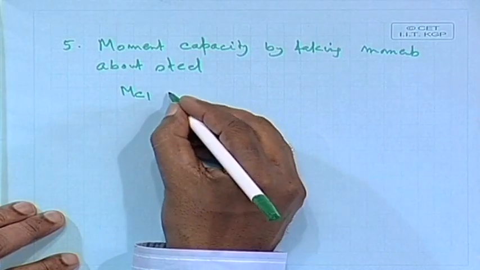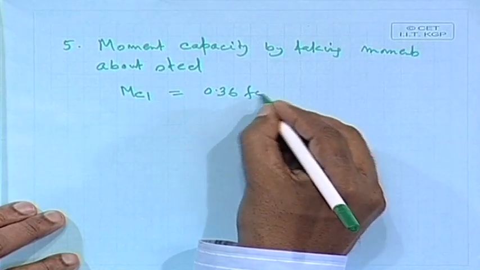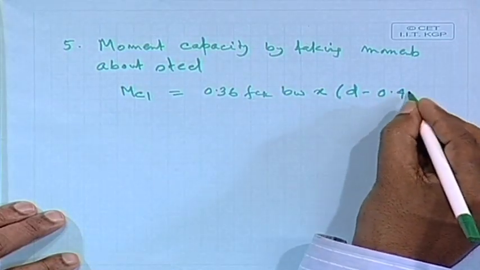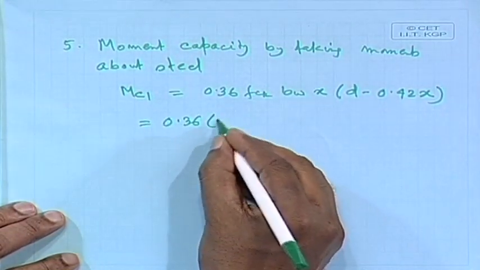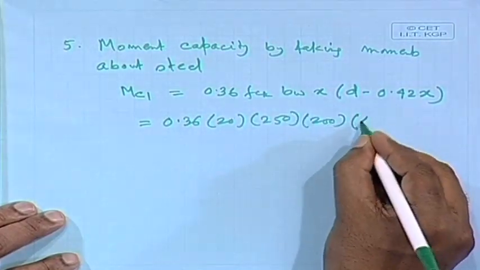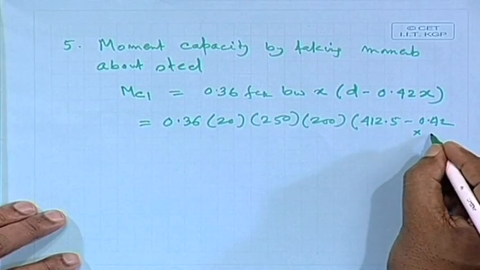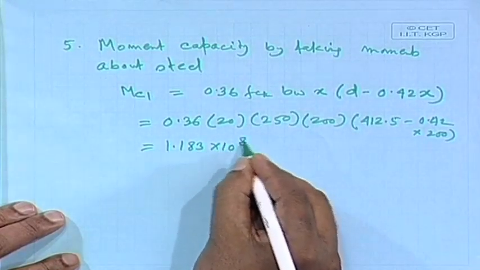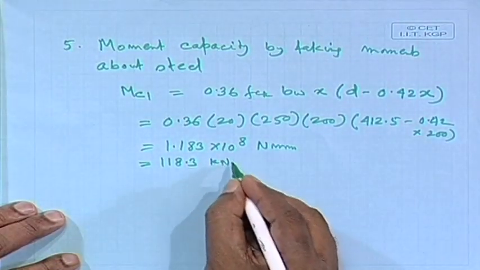MC1 equal to 0.36 fck bw x times d minus 0.42 x, equal to 0.36 times 20 times 250 times 200 times 412.5 minus 0.42 times 200, equal to 1.183 into 10 to the power 8 Newton millimeter, equal to 118.3 kilonewton meter.